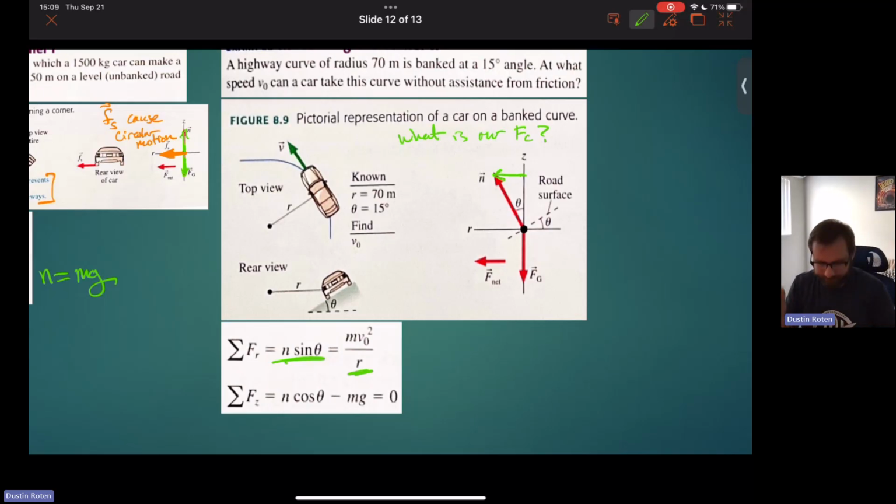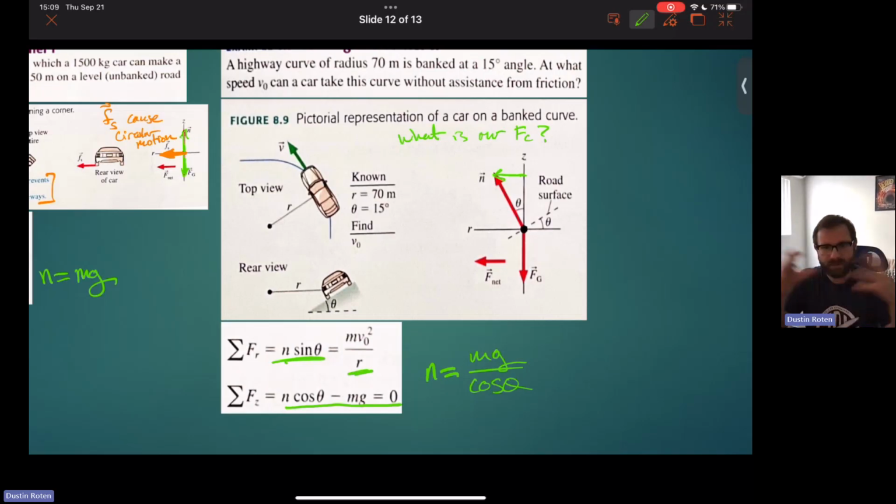keep and hold us in this curved path. Now, something else we can do is look in the z direction, the up-down direction, and since these things equal each other, we can actually get a value for the normal force. We can solve for n, and just doing some quick algebra, n equals mg over cosine theta.